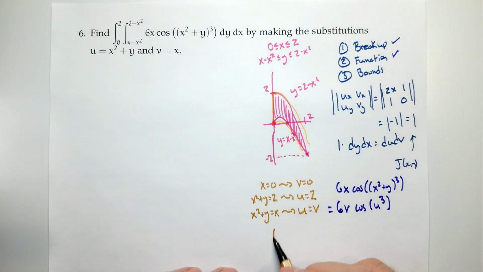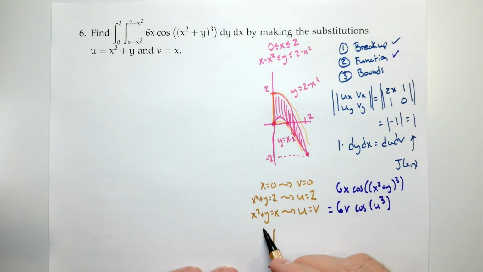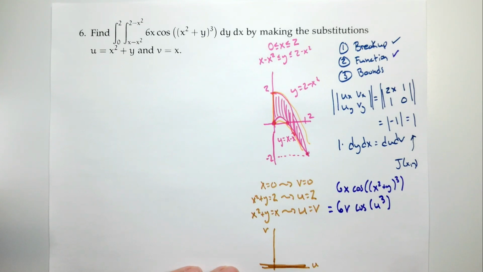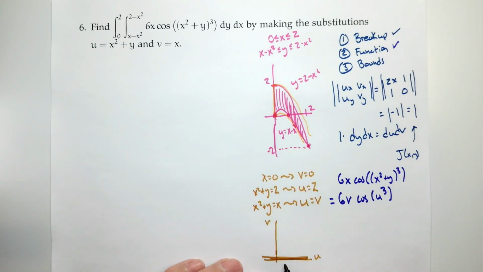So what does my shape in the uv plane look like? I have v equals 0, that would be this line right here. Then I have u equals 2, and then I have u equals v, which is here.